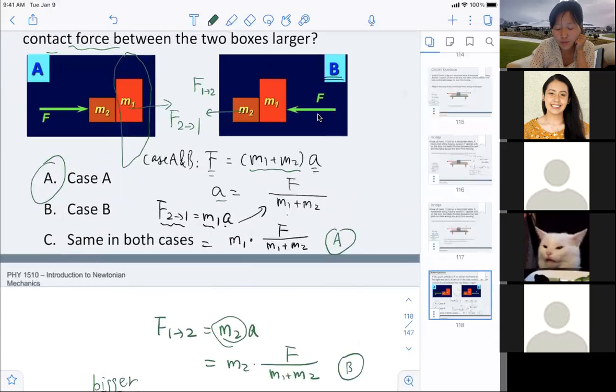Yeah, but whether the mass is big or not, the mass itself doesn't do anything. It's really the force you are providing to both of them together. So I would say that intuition is not very helpful here, because a small mass can exert a big force. You just have to push harder, right?